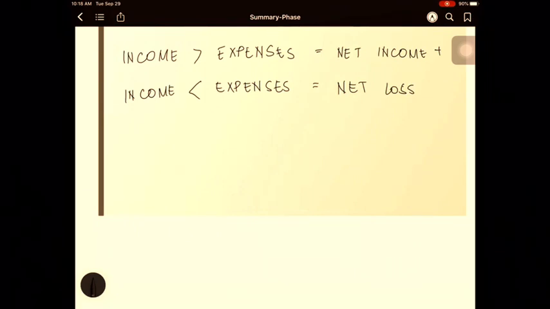This is very important because these are the ultimate amounts that must be reflected in an income statement or statement of comprehensive income. Essentially, this is the purpose why we prepare an income statement in the first place: to determine whether the results of the operations resulted in a net income or a net loss.